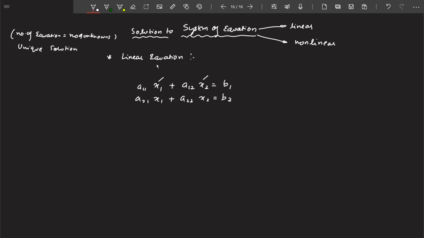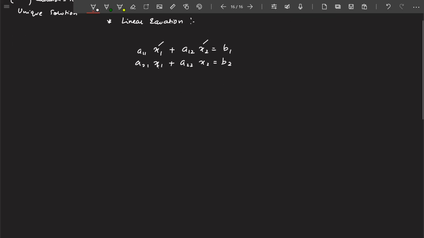So if you want to find the value of x1 and x2, that is, the solution of the given system of equations, we basically have two methods. First is the graphical method, the other is the method of elimination.